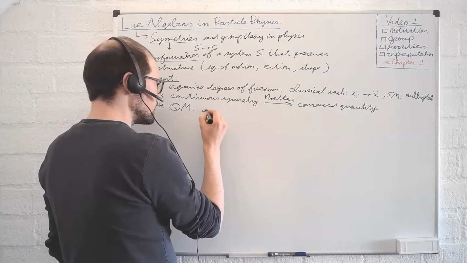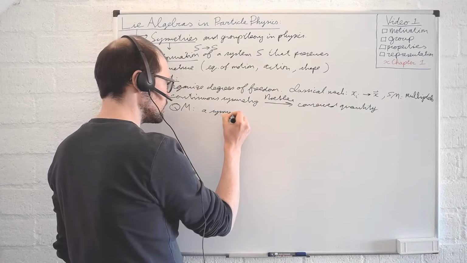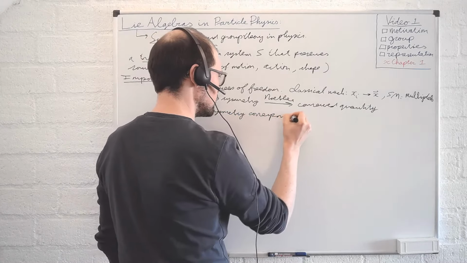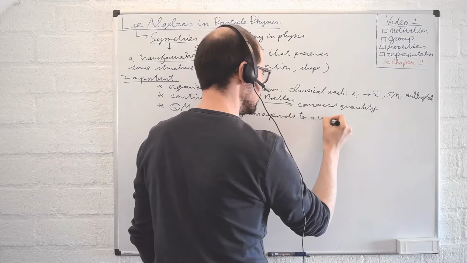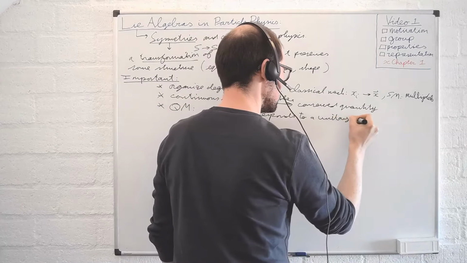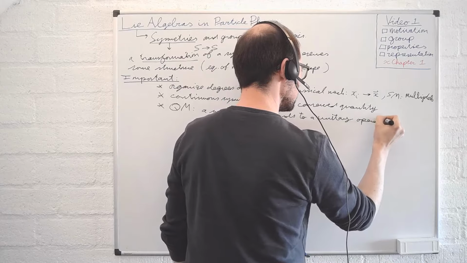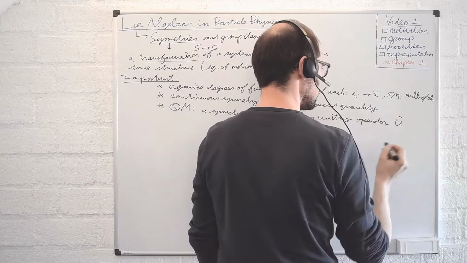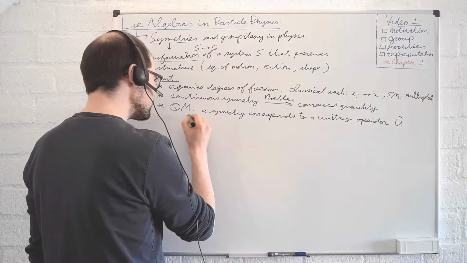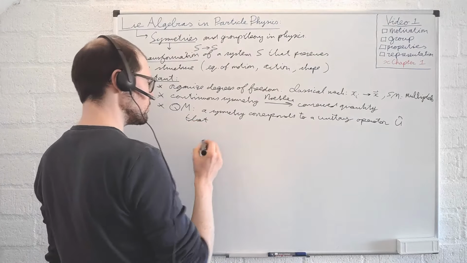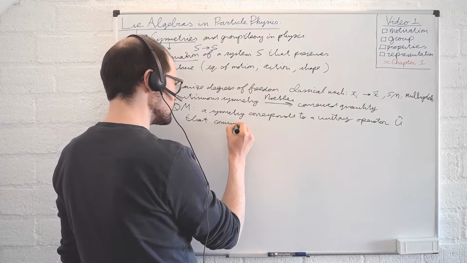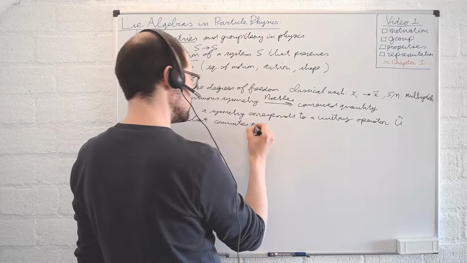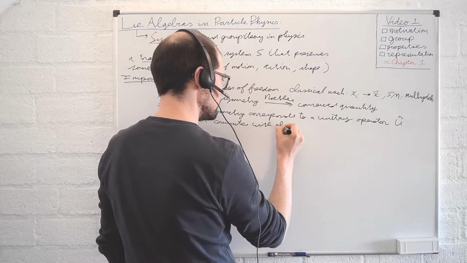So a symmetry corresponds to a unitary operator, say u hat, that commutes with physical observables, that commutes with operators that correspond to physical observables.